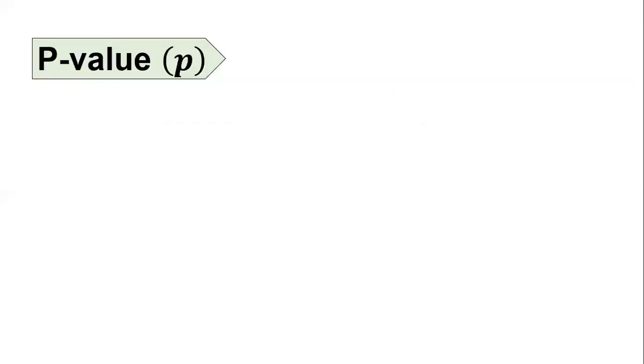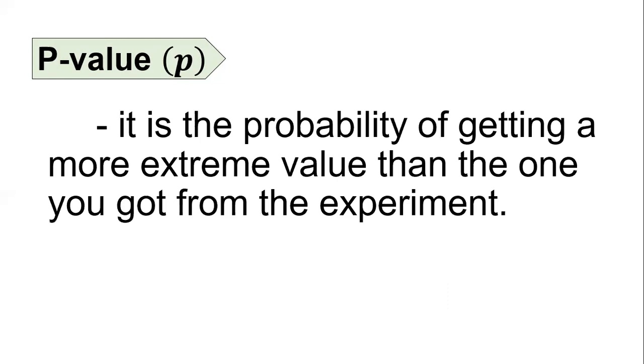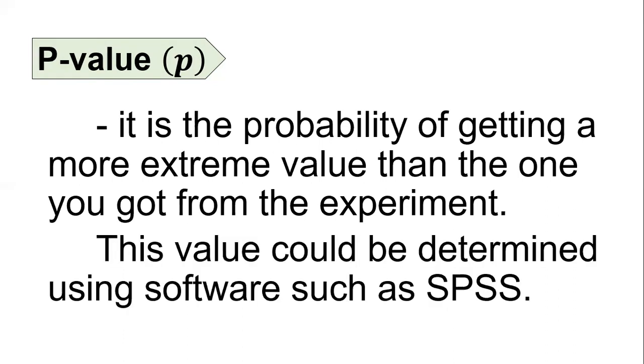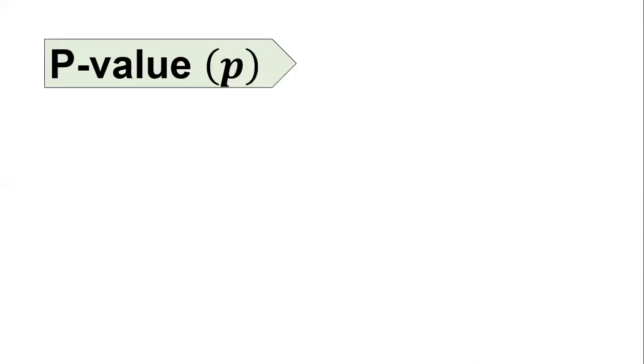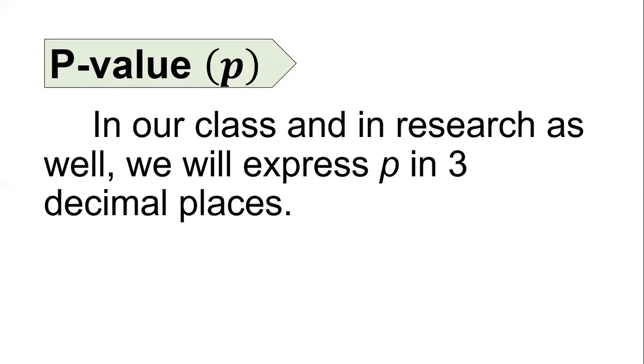Now, how about the p-value? It is the probability of getting a more extreme value than the one you got from the experiment. This value could actually be determined using software such as SPSS, which we will be having next time. In our class, remember this, the p or the probability value, and in research as well, we will express p in 3 decimal places.